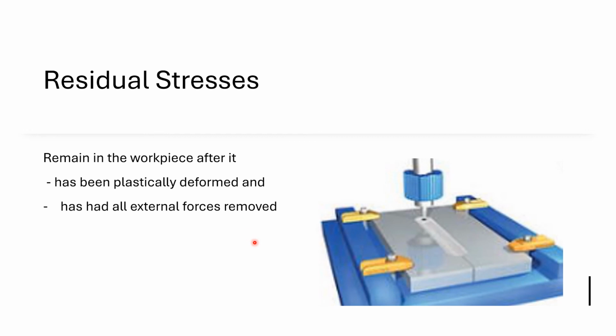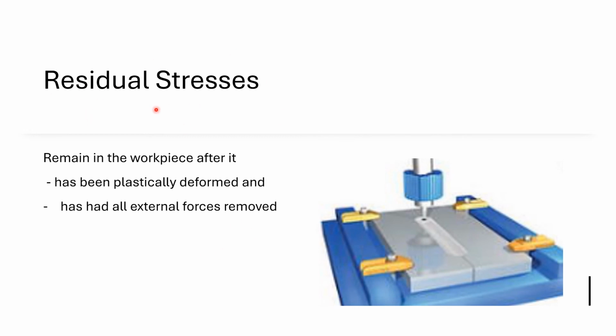Residual stresses. They're called residual because they remain in the workpiece after it has been plastically deformed. We are doing plastic deformation in order to shape them, don't forget that. So in manufacturing, you have to plastically deform your material to shape it the way we want it in our product.